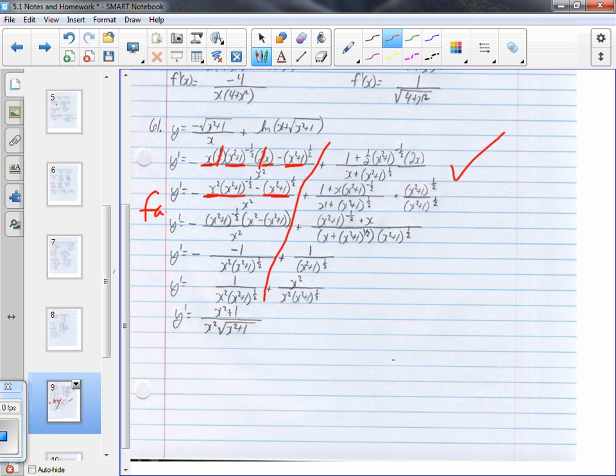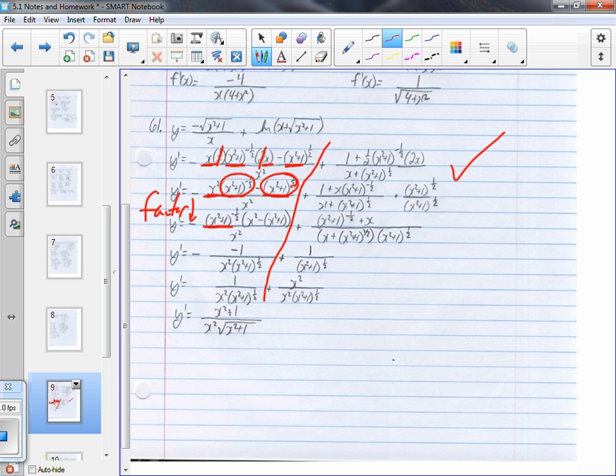So now I factor. The negative stays in front. I've got a quantity. It's the exact same quantity in both terms with different exponents. So when I factor that quantity out, always take the lesser exponent. So since one of them's positive, one of them's negative, the negative one's the smaller one.